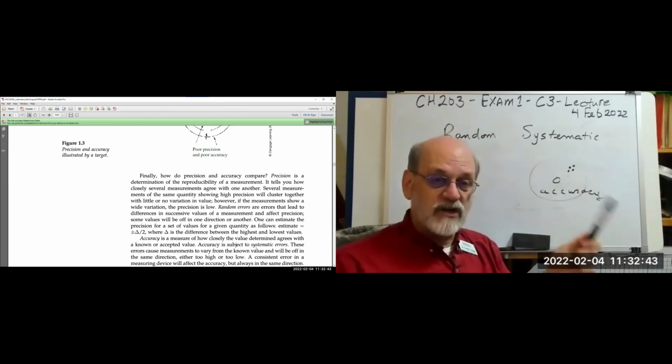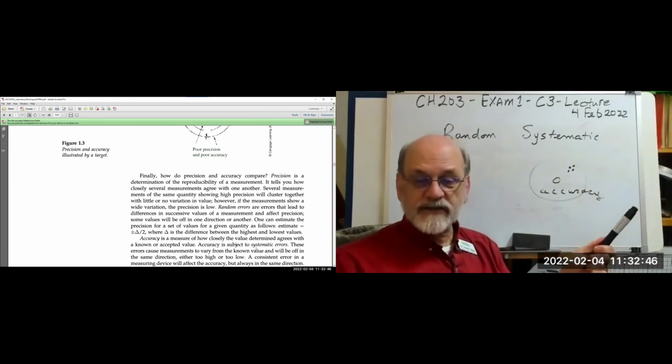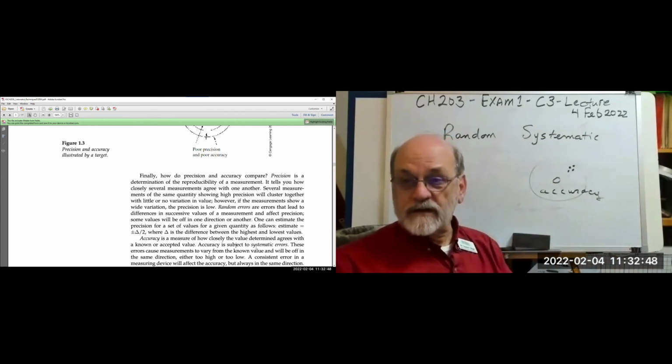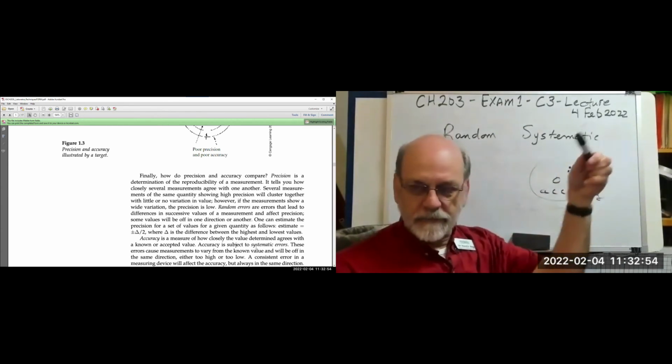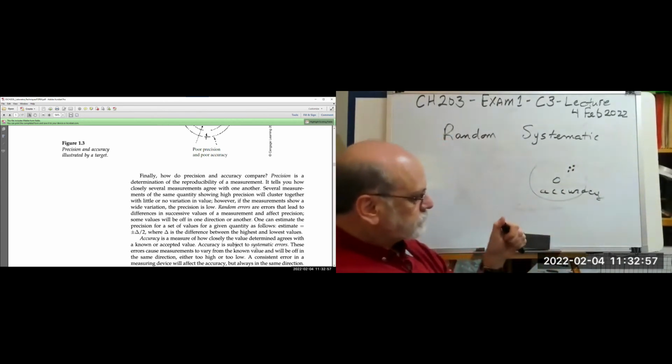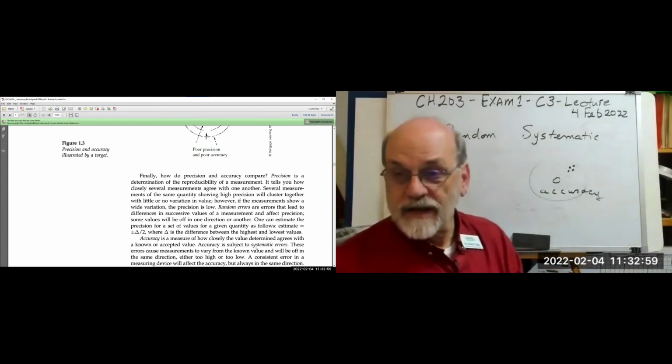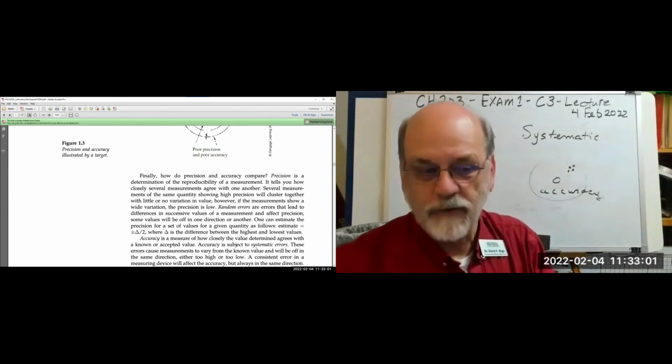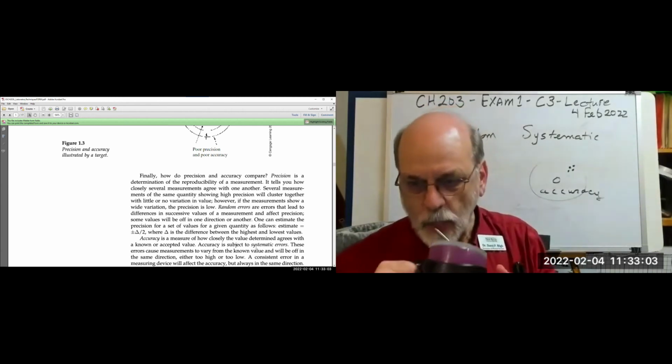So every time you make a measurement with that thermometer, instead of 25 degrees, you write down 23, because you know the systematic error makes it high every time. So systematic errors can be accounted for and corrected for in measurements.